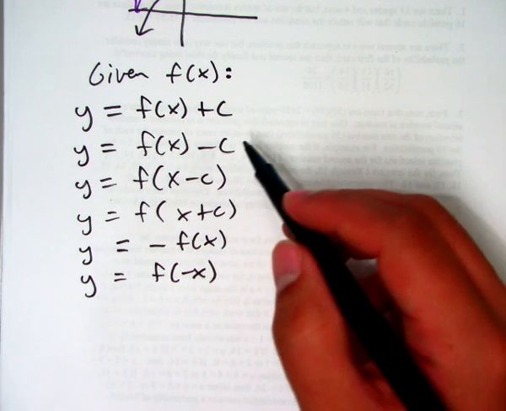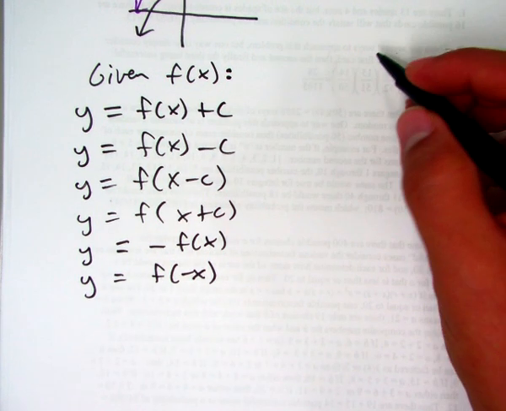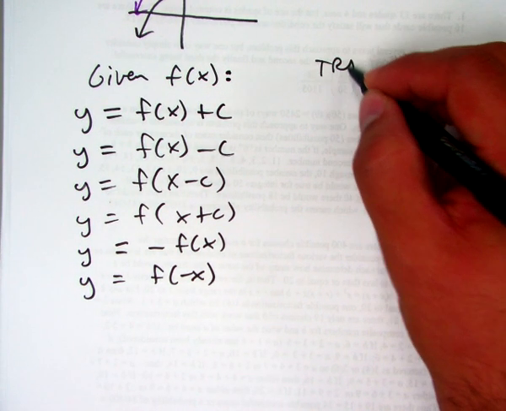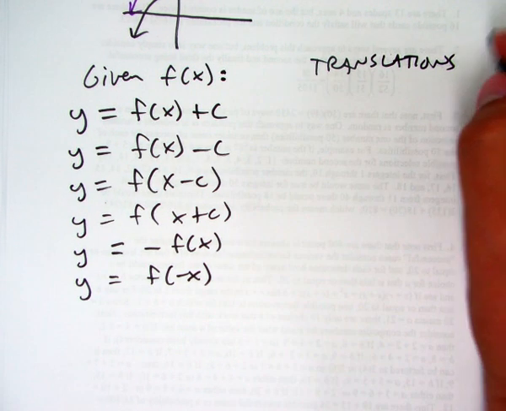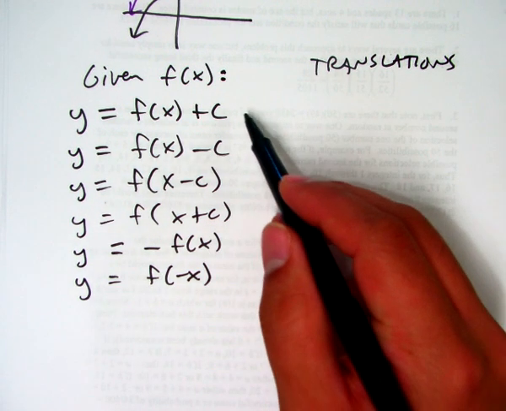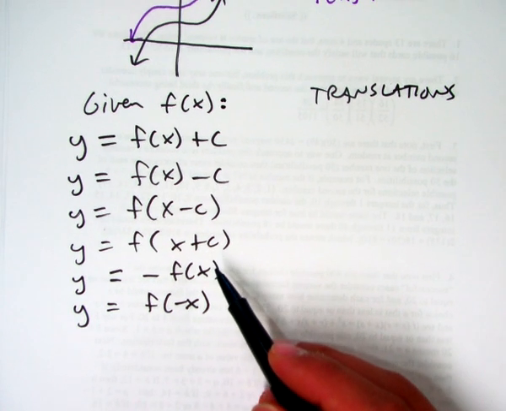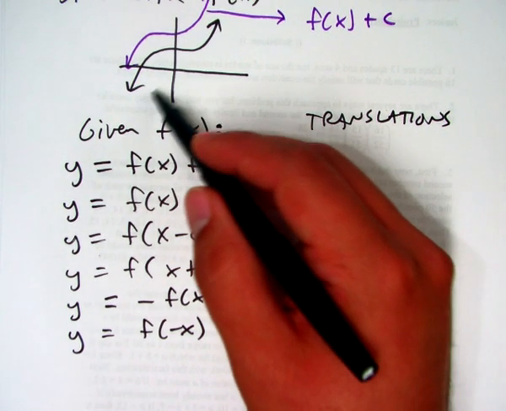Okay, these 6, we call these translations or reflections. These 6 things will do something to the original function, whatever it may be.